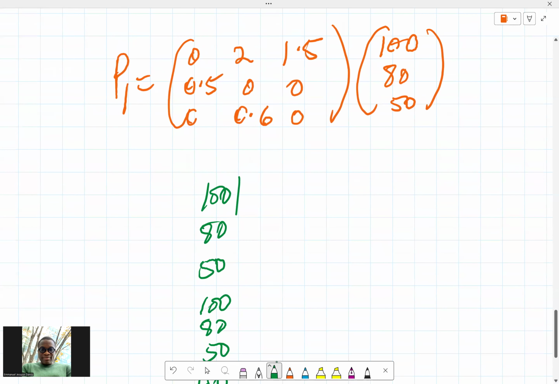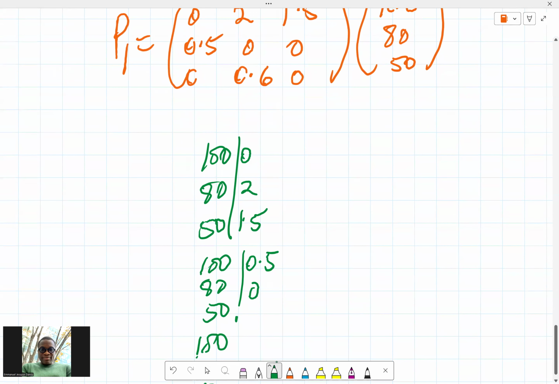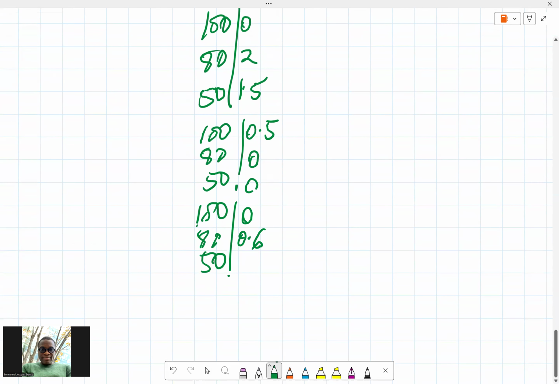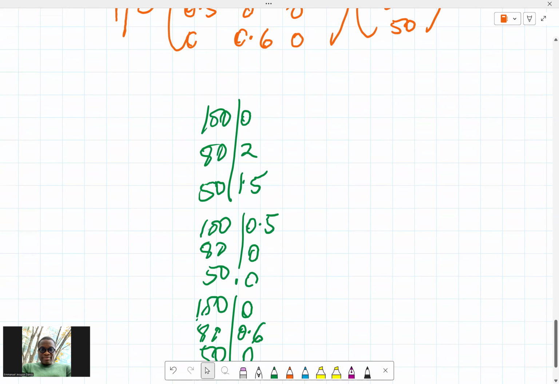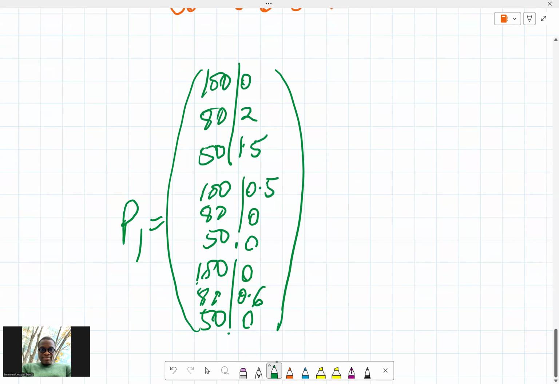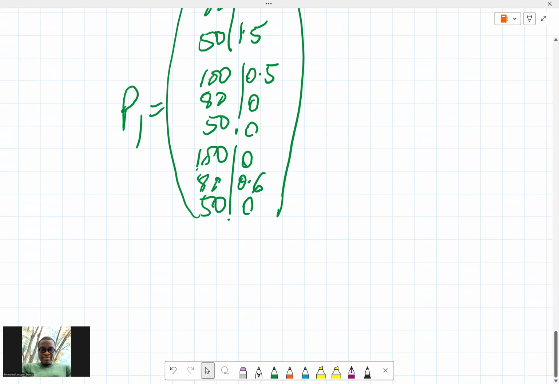The first row of L is 0, 1, 1.5, the next is 0, 0.5, 0, and the last is 0, 0.6, 0. This will be the population at the next time step, maybe one year after, or whatever time step we are taking.